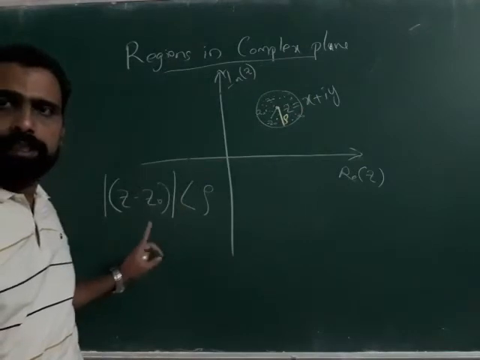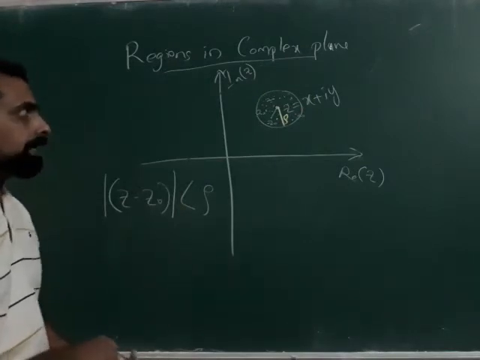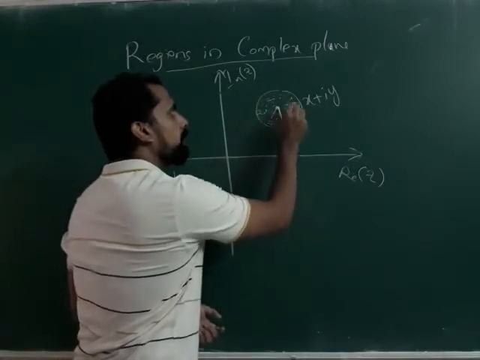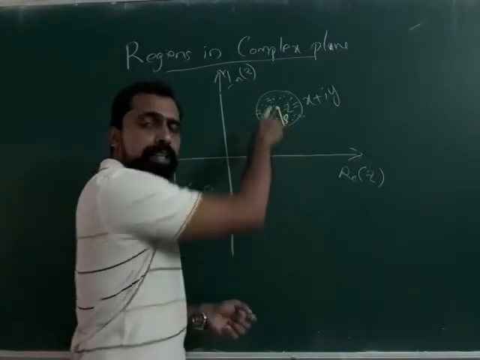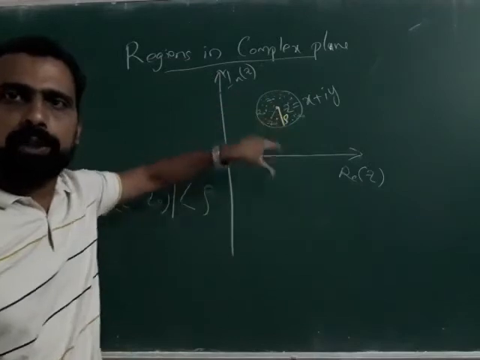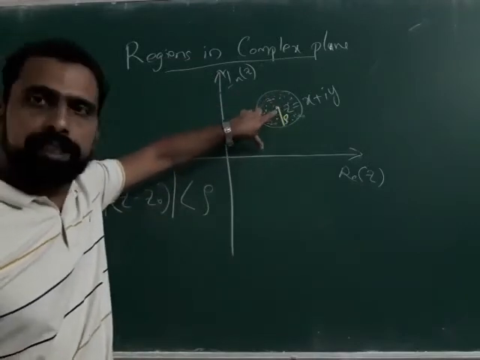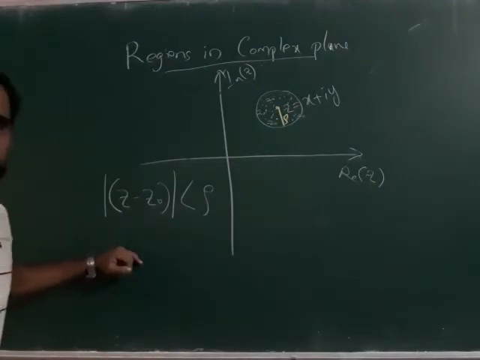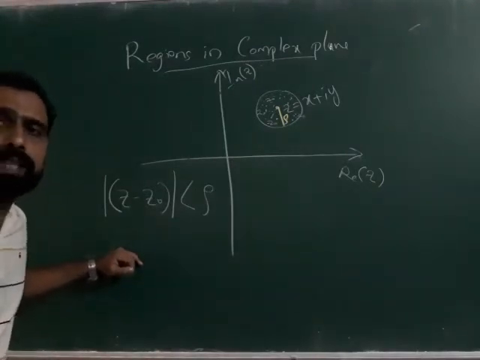That is the meaning. You can say all the points near this z, we call it a neighborhood of this point z.